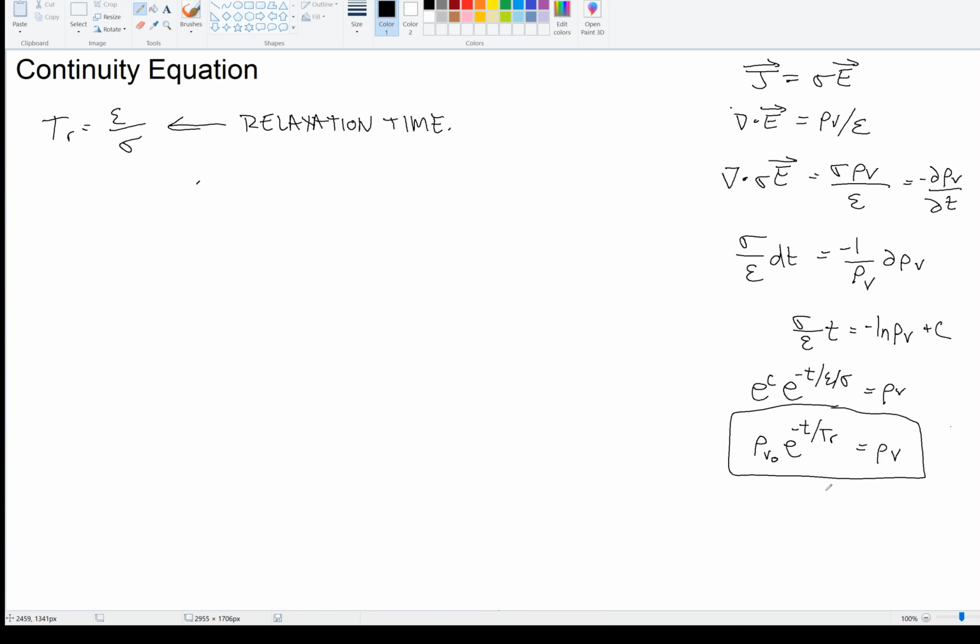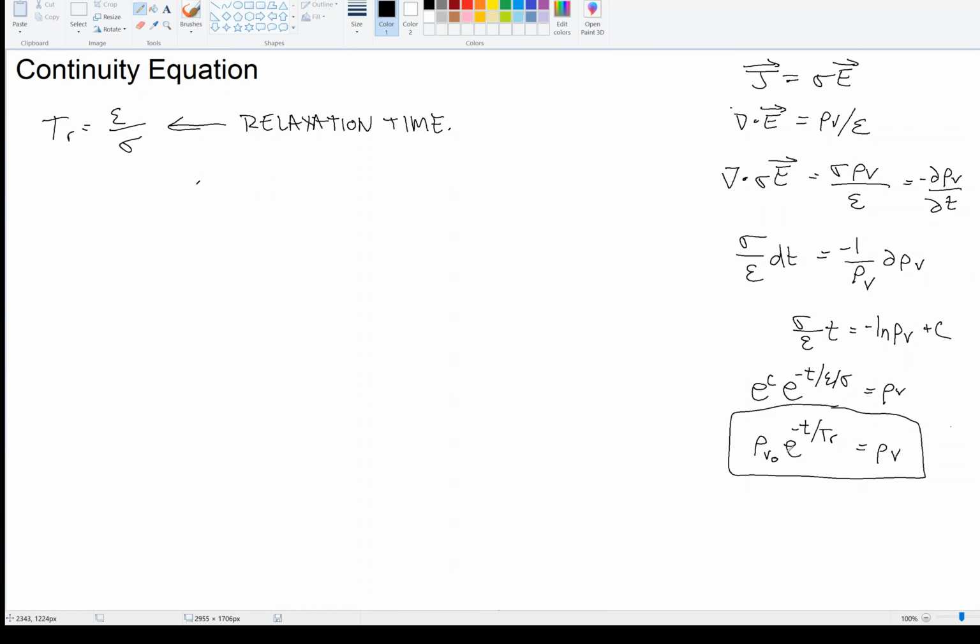This is the equation that shows that the introduction of charge at an interior point of the material results in a decay of volume charge density, right? This is exponential decay. So I put some charge in there, and then the charge density decays with time.